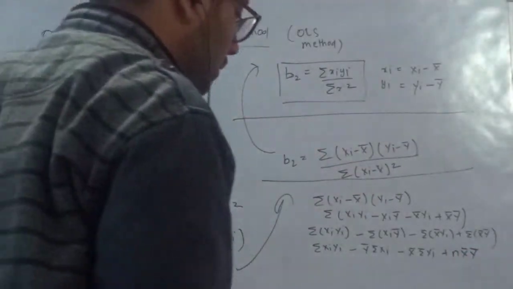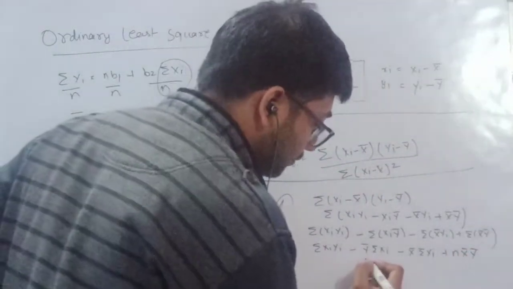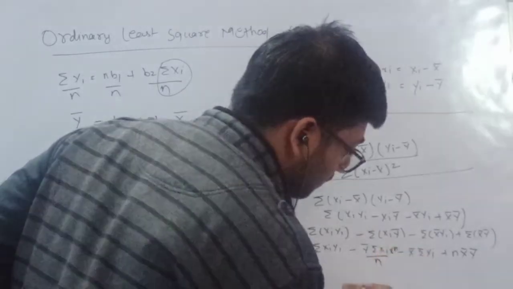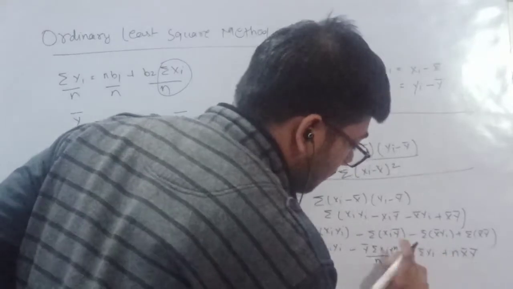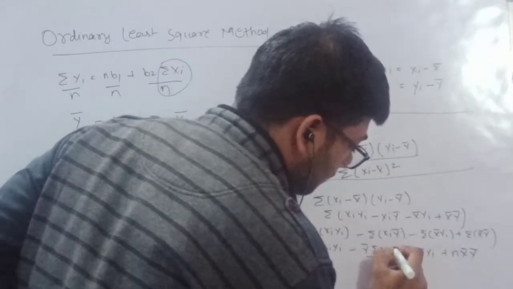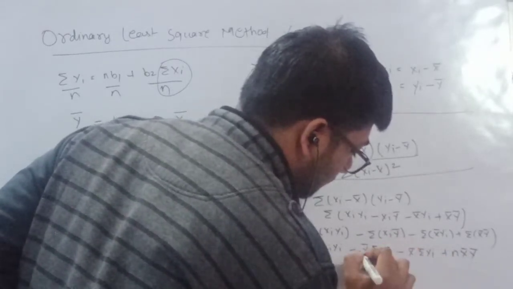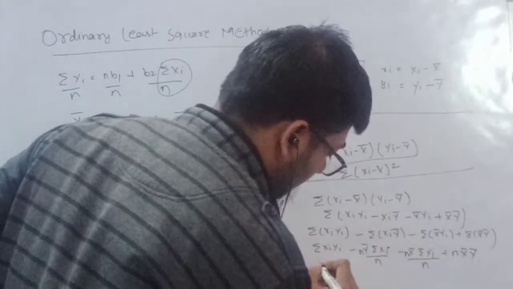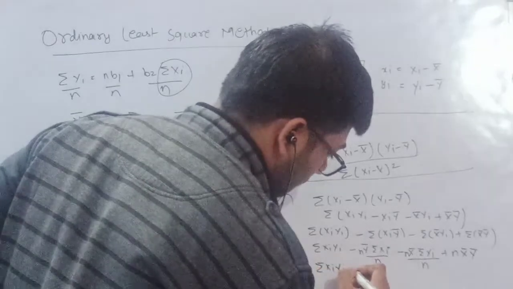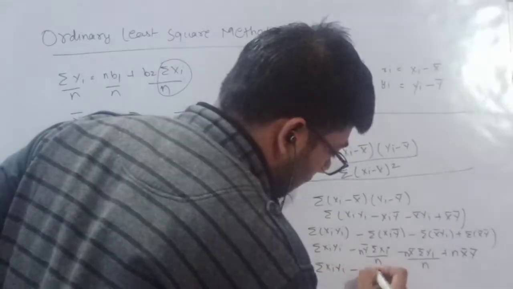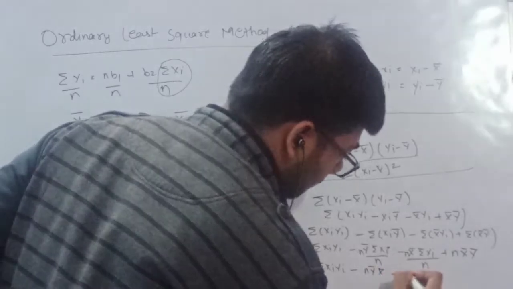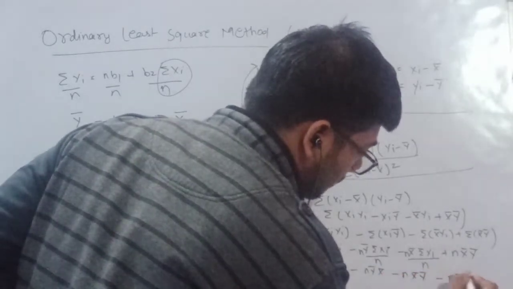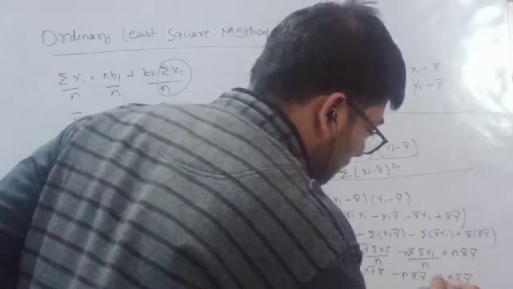Now here, divide and multiply by n. So what will it become? n y bar x bar minus n x bar y bar minus n x bar y bar plus.